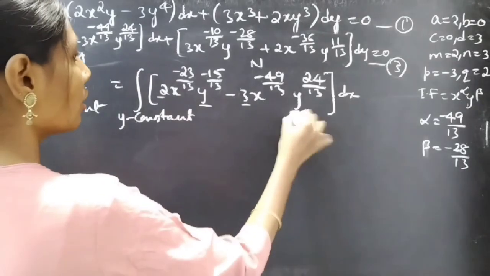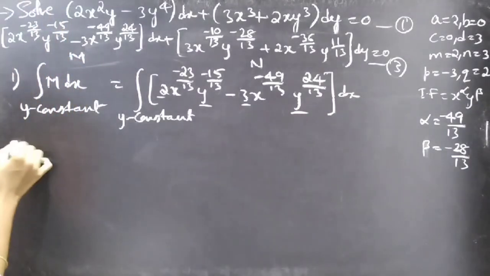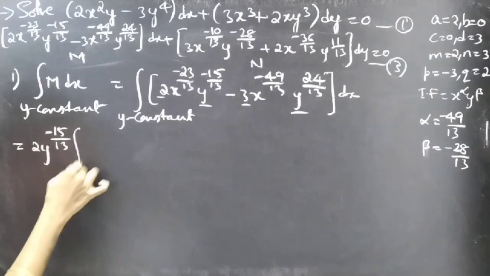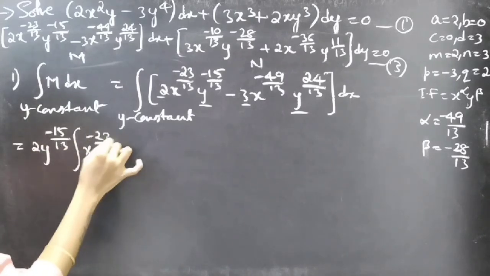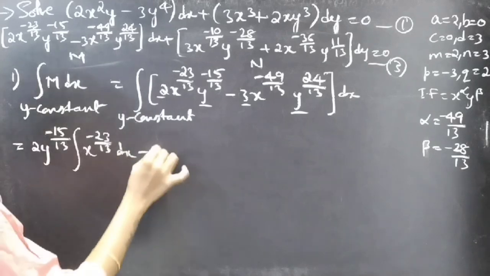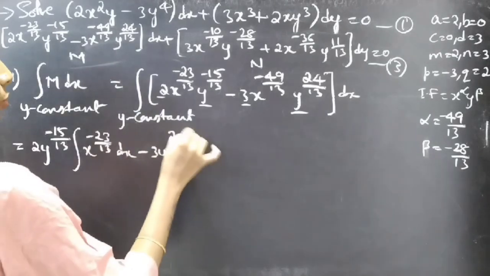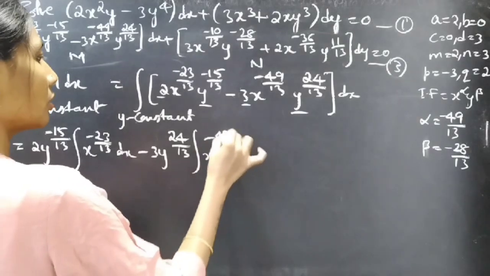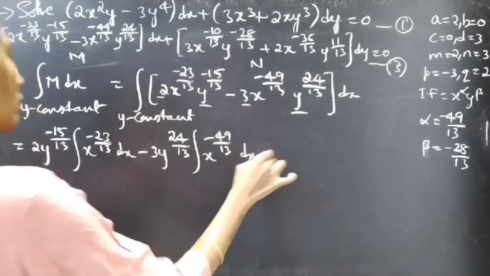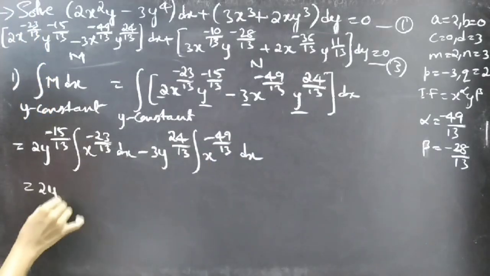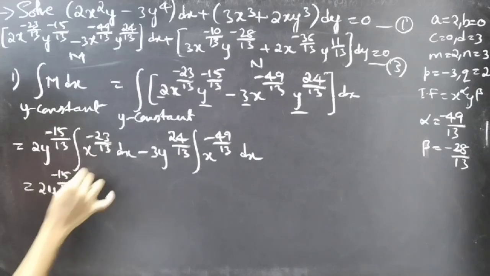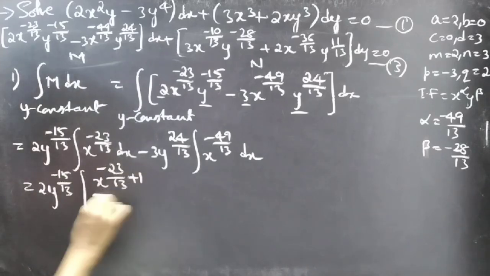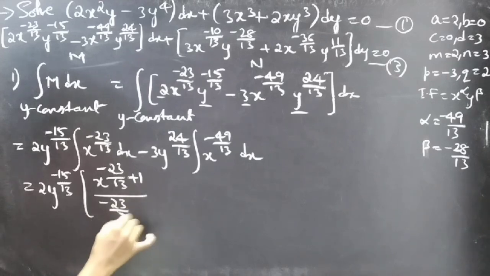In the second term 3 y power 24 by 13 is constant. So we'll write it as 2 y power minus 15 by 13 into integral x power minus 23 by 13 into dx minus 3 y power 24 by 13 into integral x power minus 49 by 13 into dx, which gives us 2 y power minus 15 by 13 into x power minus 23 by 13 plus 1 by minus 23 by 13 plus 1.